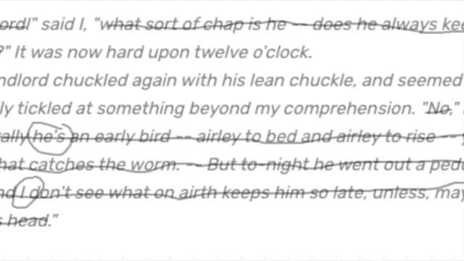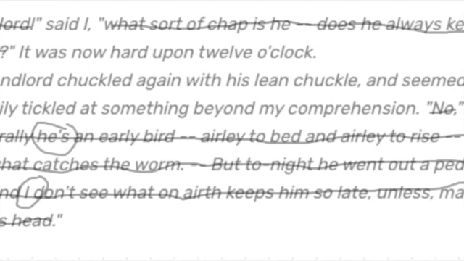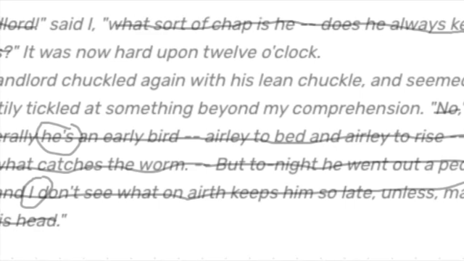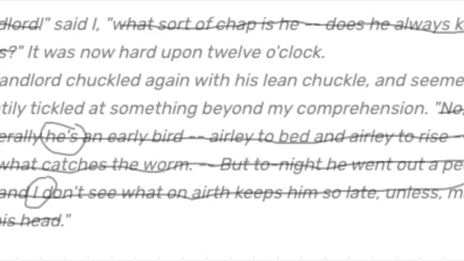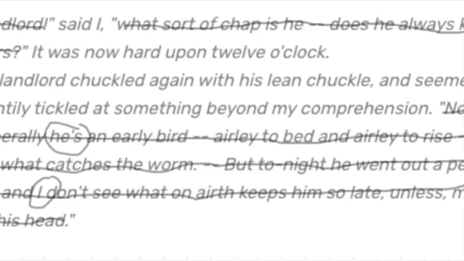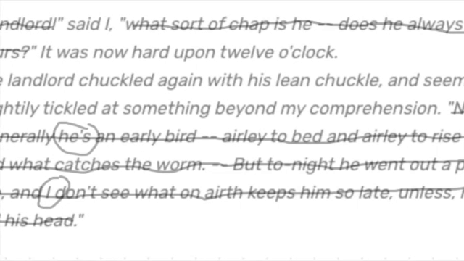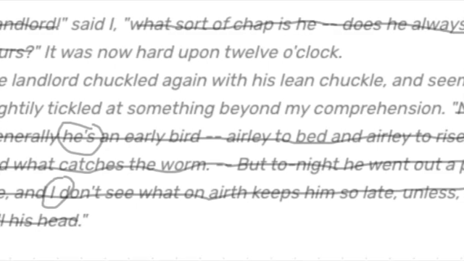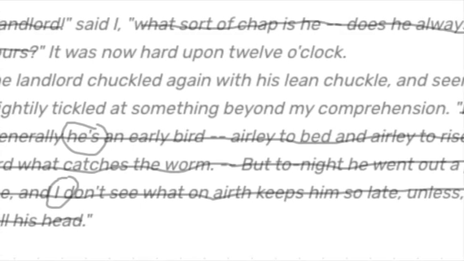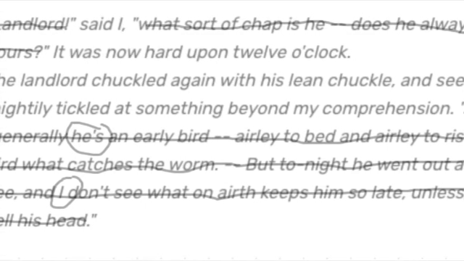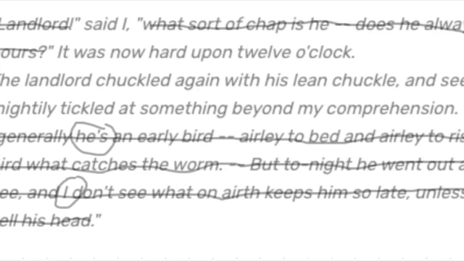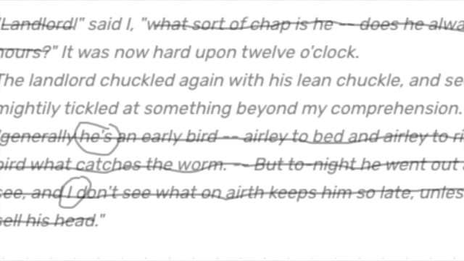The landlord chuckled again with his lean chuckle and seemed to be mightily tickled at something beyond my comprehension." Oh, my comprehension. So I'm in this story. Notice how later I circled the he's and the I's in the dialogue. I did that to show you that those pronouns do not count because they are in the dialogue.